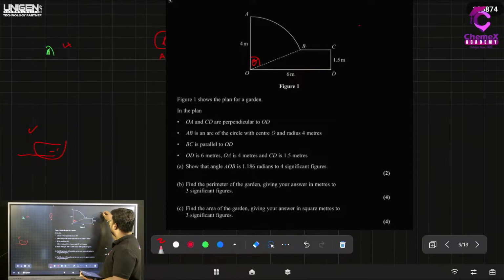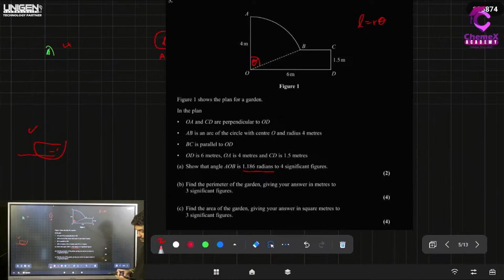You can use L equals r theta, but L is actually unknown. AB is the arc, and they don't say the length of the arc. They asked to show AOB, this angle is this much.